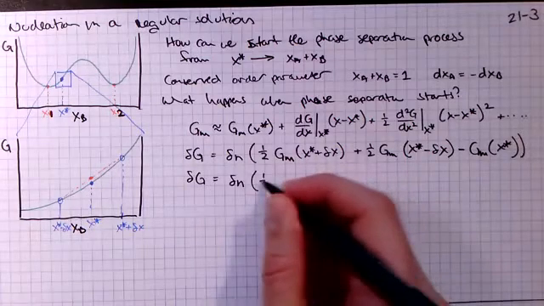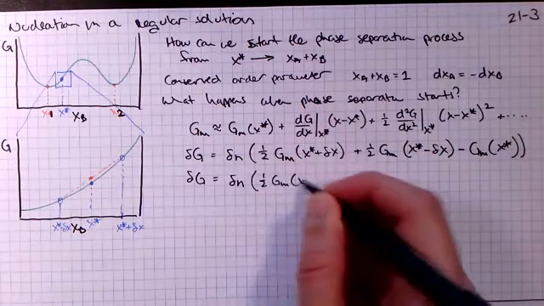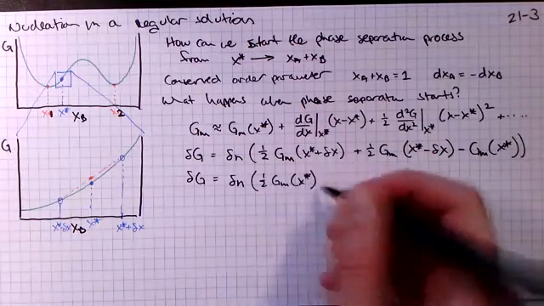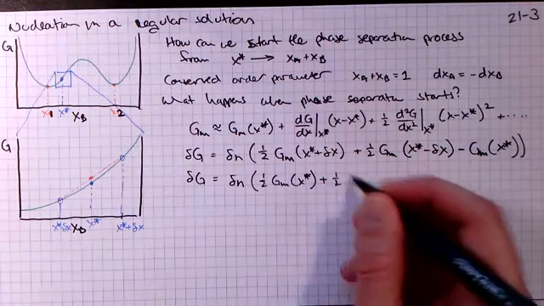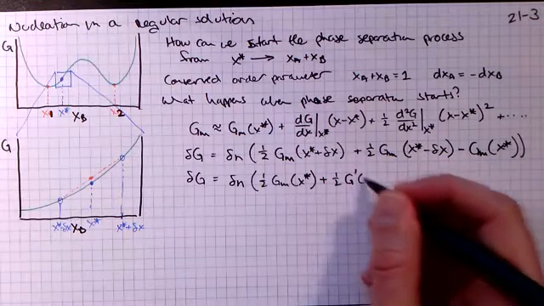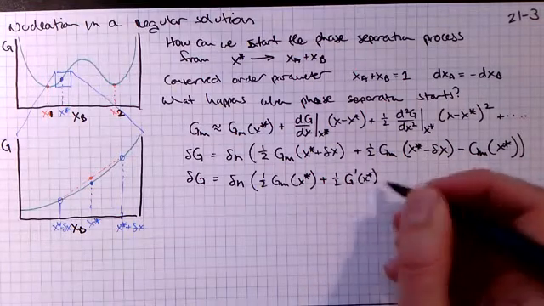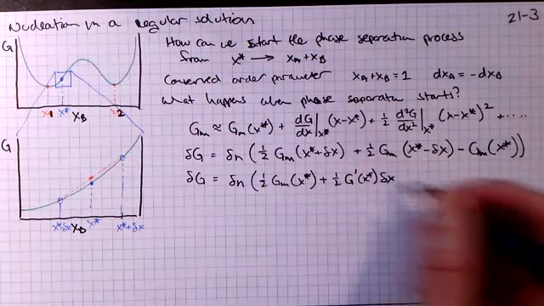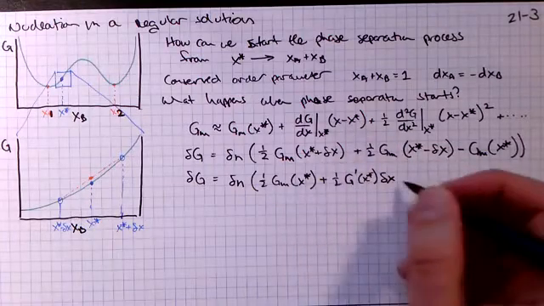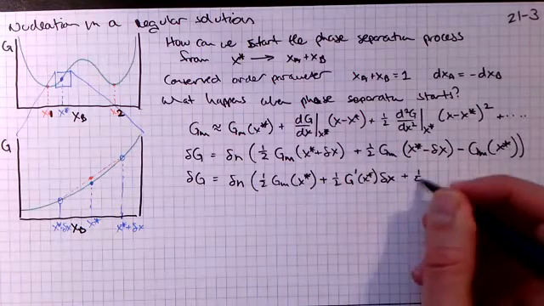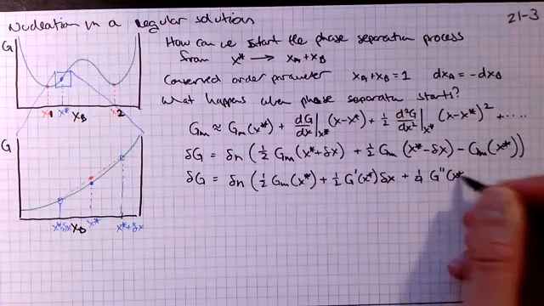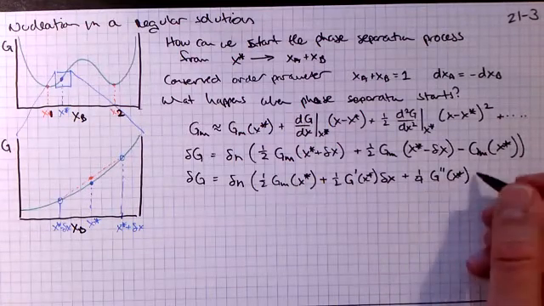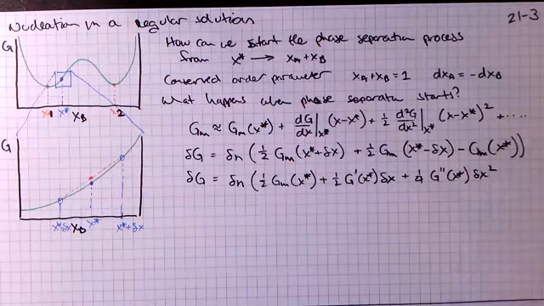So this will give us 1/2 G of X star, plus, and I'm going to write this as 1/2 G prime at X star delta X, because that's X minus X star, plus 1/4 G double prime at X star times delta X squared.